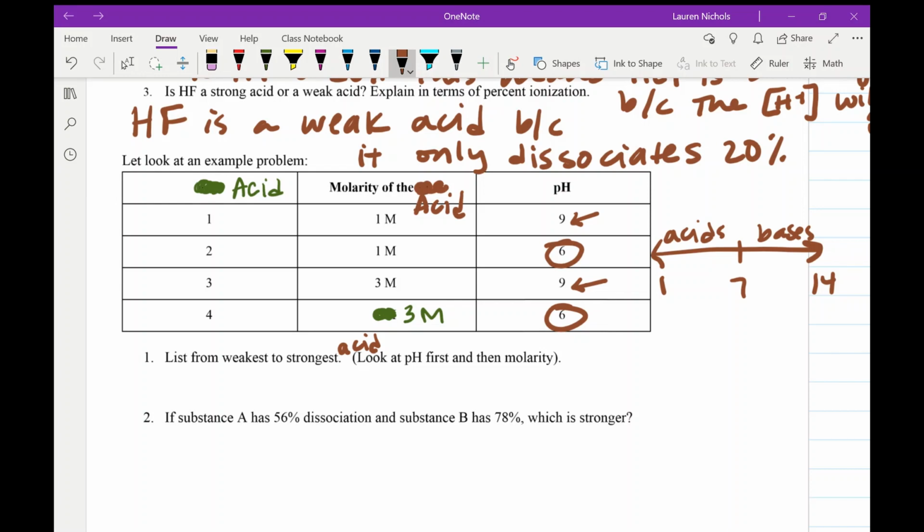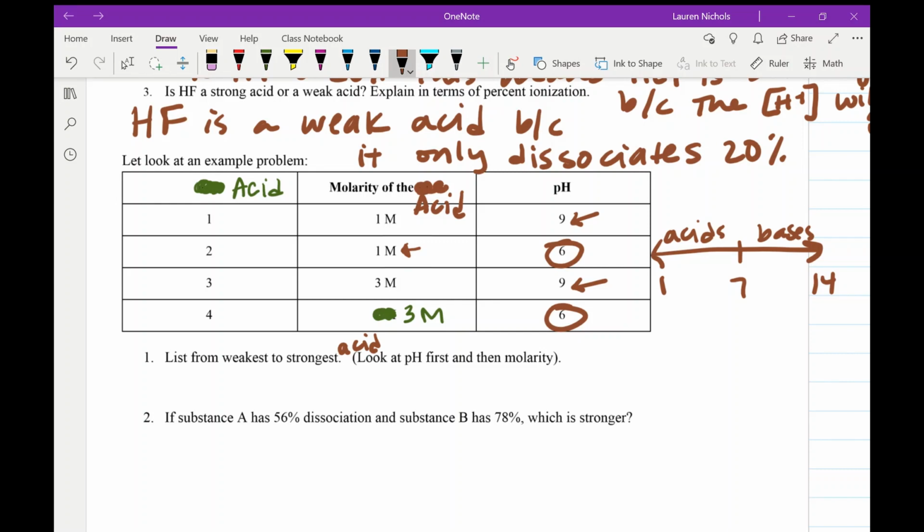And so when I look at this, we then want to look at the concentration. So you would think that 3 molar, because 3 is a bigger number, that would make it the strongest, right? But something that is 1 molar, meaning it only has 1 mole of its acid, whereas acid number 4 has 3 moles of its acid for every liter, can produce the same effect.